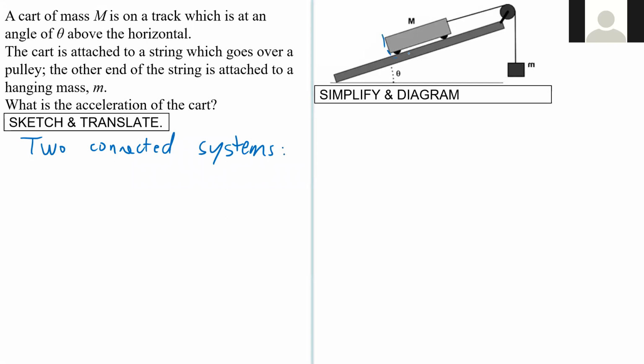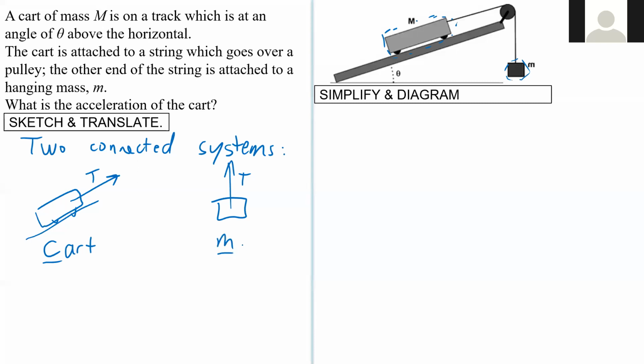So there's one right here, which is the capital M, and there's one over here, which is the lowercase m. It's got some wheels on it, and it's being pulled upwards by some tension. This is, I'm going to call it, the cart. And then this one, the hanging mass, which is being pulled upwards by the tension, I'm going to call that little m.